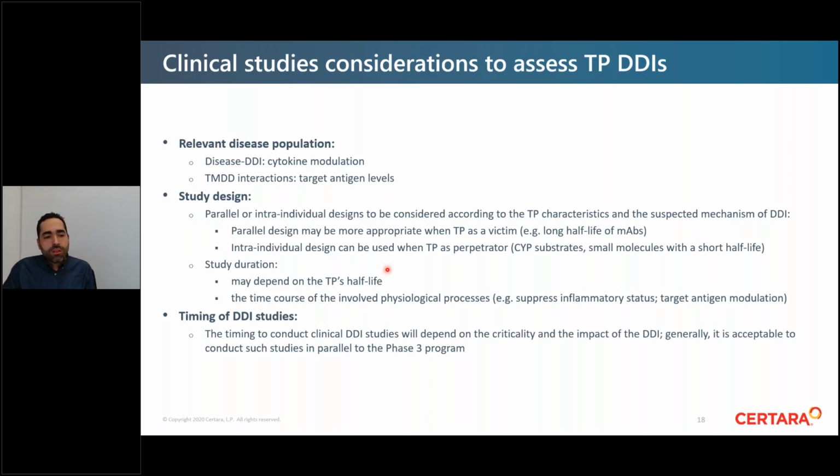For the timing of the DDI studies, this will generally depend on the criticality and the impact of the DDI, but it is generally acceptable to conduct such studies in parallel to the phase 3 program, because these data are needed to be filed with the BLA dossier to inform later the labeling.